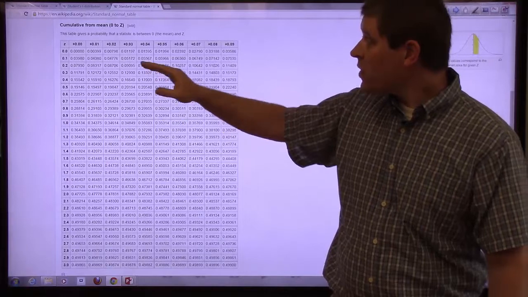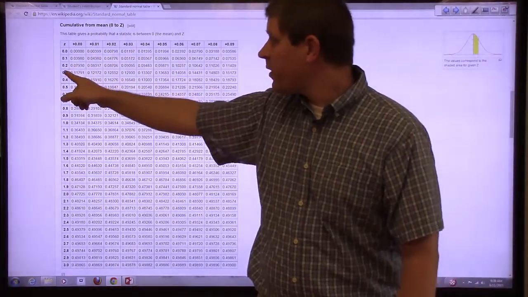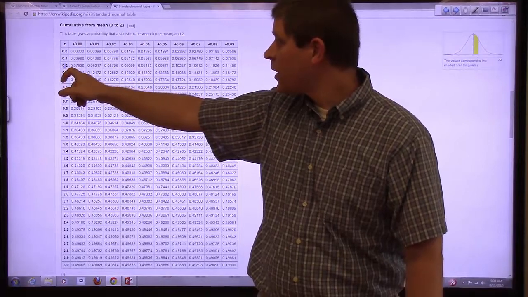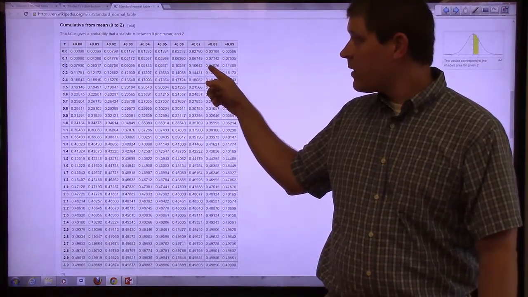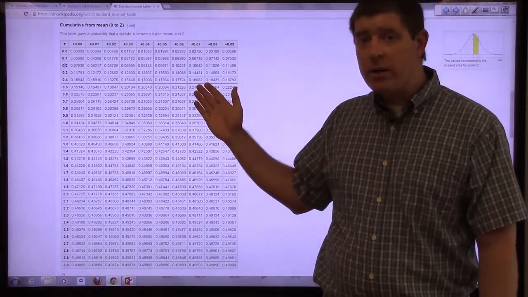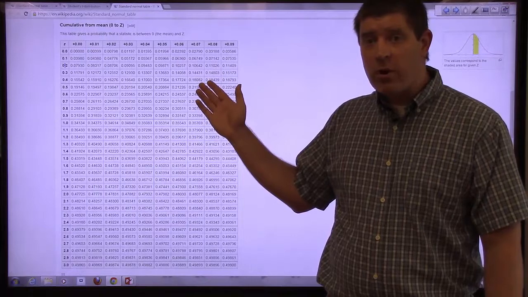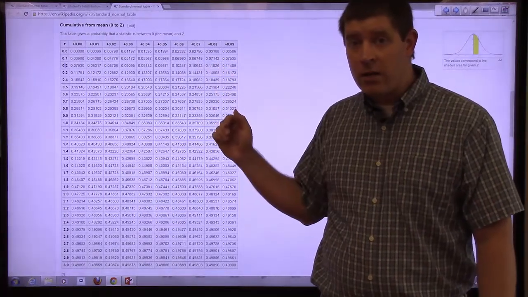So if you're looking for, say, a z-score of 0.27, you come down to 0.2, and then you scroll over to 0.7, and that's this value here. So that's 0.10642. And that gives you the probability that your statistic, your sample, is between that z-score and the mean.